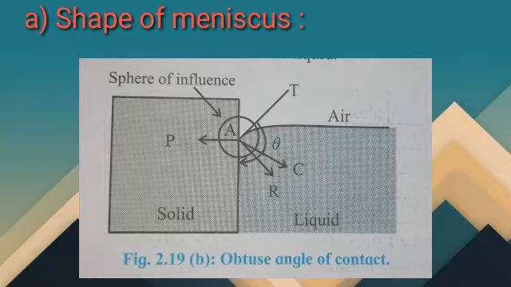The molecule experiences both the cohesive as well as the adhesive force. In this case also, the net adhesive force AP acting on the molecule A is horizontal since the wall is vertical. The magnitude of the cohesive force is larger, so the net force AR is directed inside the liquid.